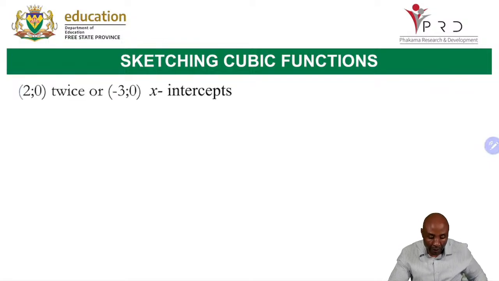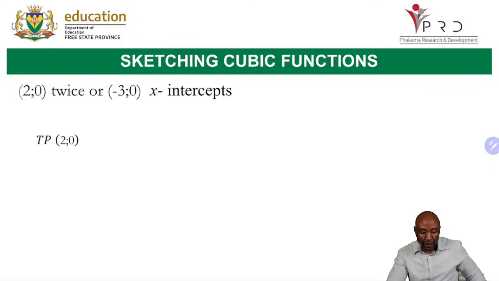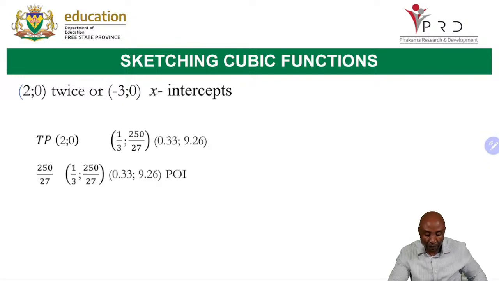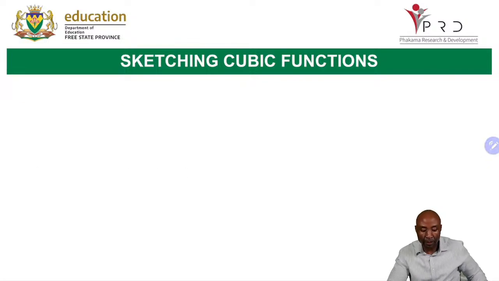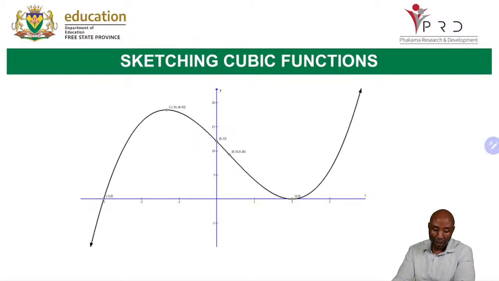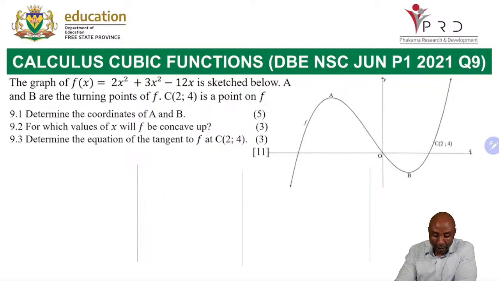From there on, I have my x-intercepts, I have my turning points, I also have my point of inflection. I'm now able to sketch my graph, and it's an increasing function. So I will have all my points there. I sketch the graph.